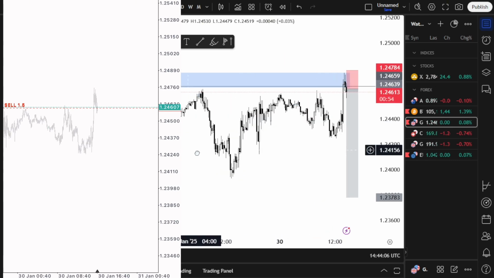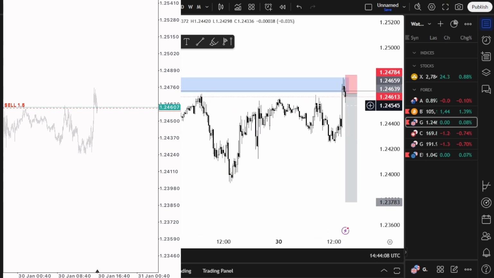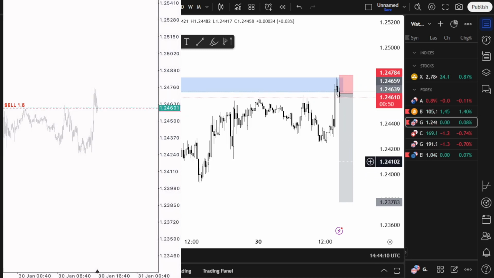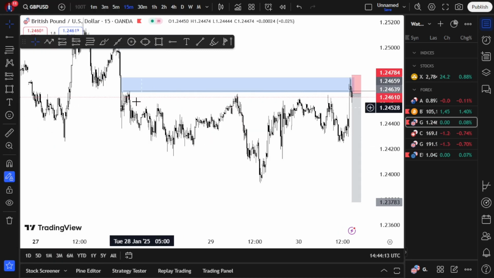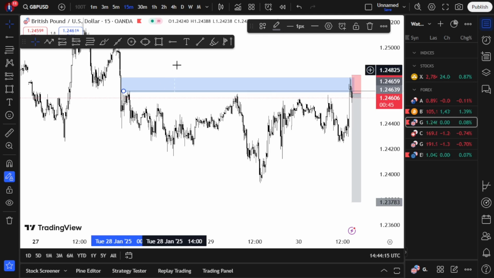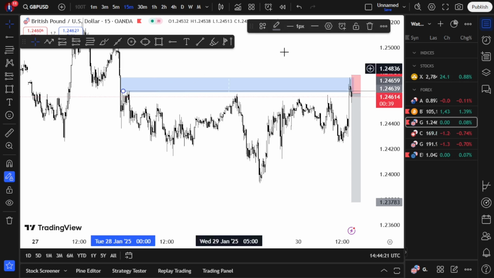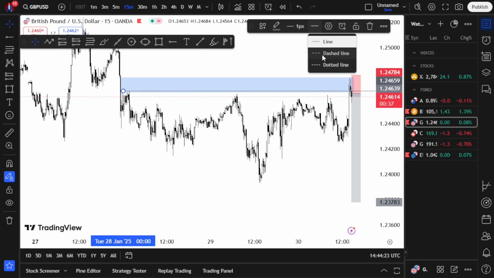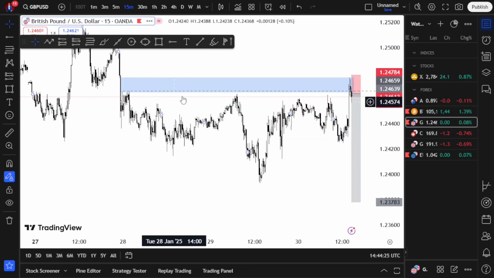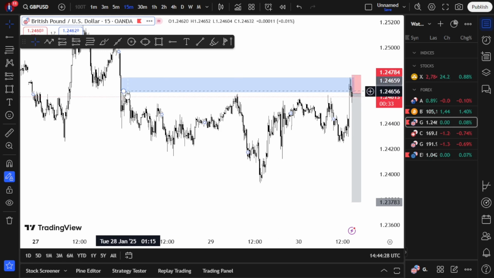Anyway, I just wanted to record and show you guys. Now, why did I take this trade? The reason is that we have liquidity resting above this level. Let me adjust that to the dotted line. We have liquidity resting above this level, and here is our breaker block.